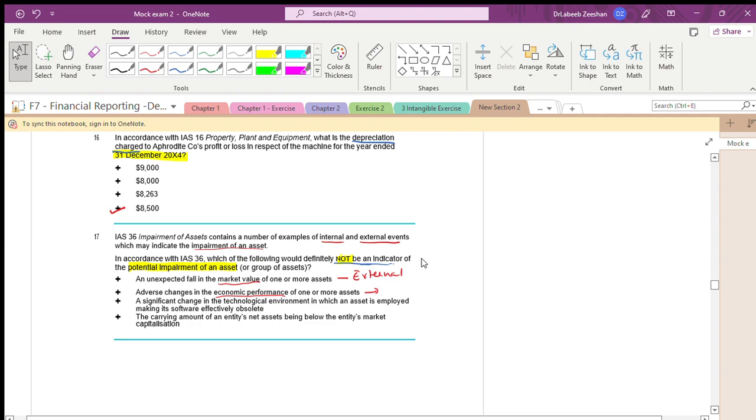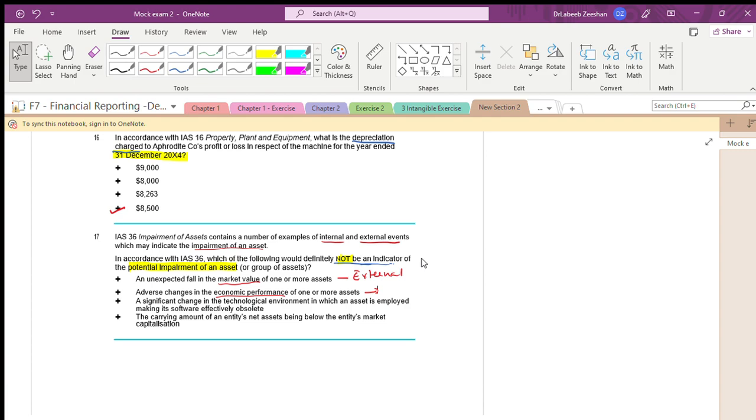You have purchased a car, is it right? Now your car value has decreased when you are selling it. Is it internal or external? Internal. You want to sell the car, you go to the market, and the value of the car has decreased. Internal means it is used for your own purpose.